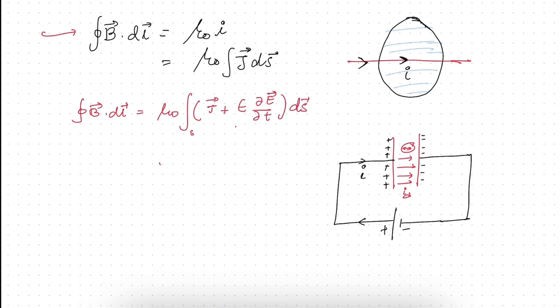So he modified it that way. Here J is nothing but the current density, and the other term, epsilon naught del E by del t, is called displacement current density.